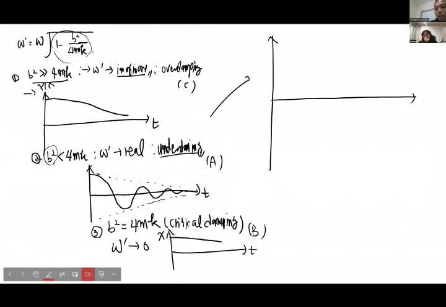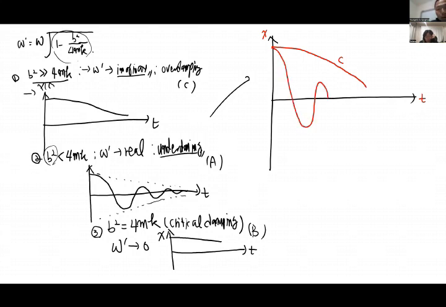This is t, and this is amplitude, and C will be like this, A will be like this, and B will be like this. So A has a few swings until the amplitude comes to rest, and C quickly comes to 0, and B will be just continuous. There's no oscillation, plus minus sign, up and down motion.